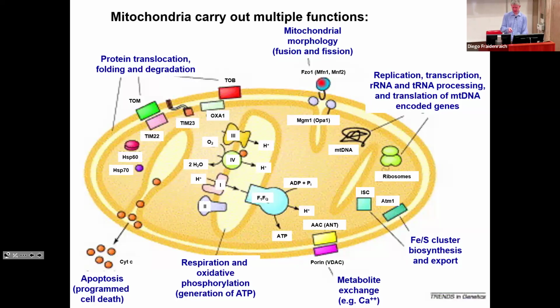Some other things: I told you mitochondria form a dynamic network. So there are processes associated with the fusion and fission of vesicles, forming these tubular structures. And there are some proteins involved in this process.